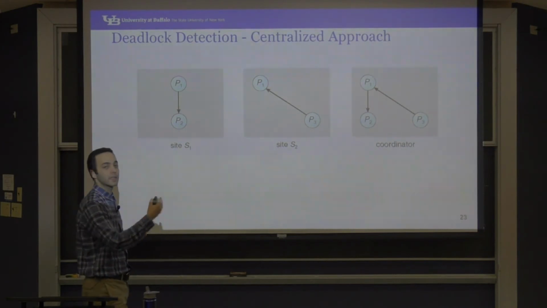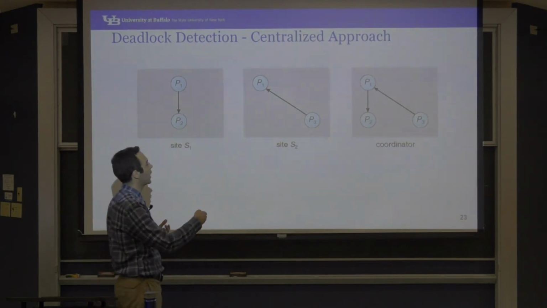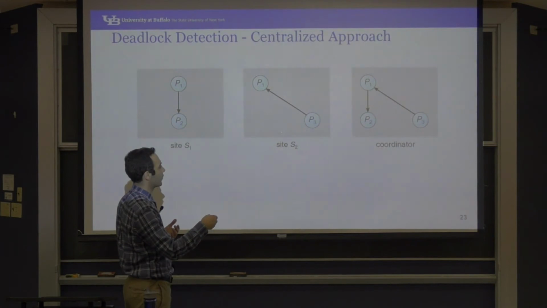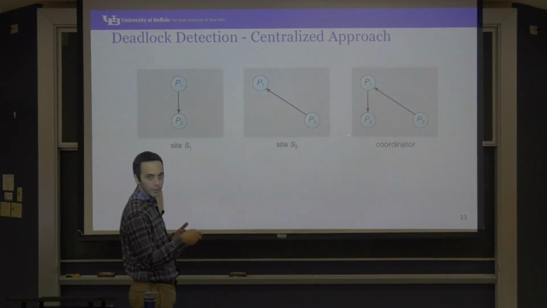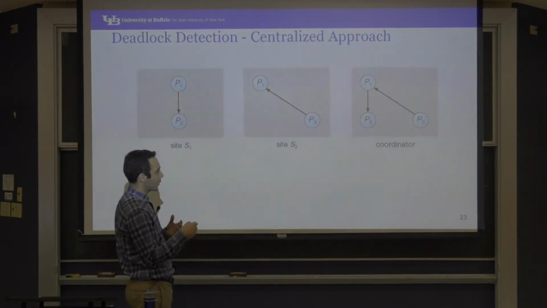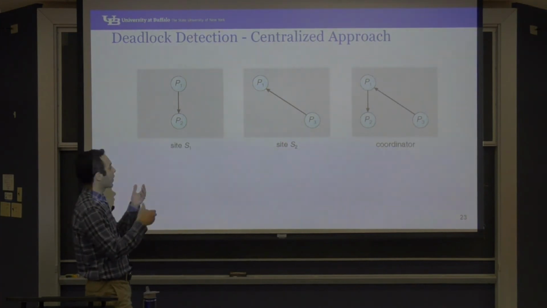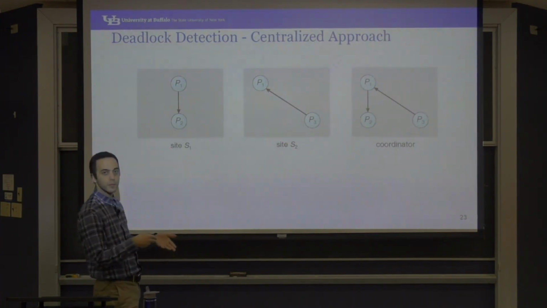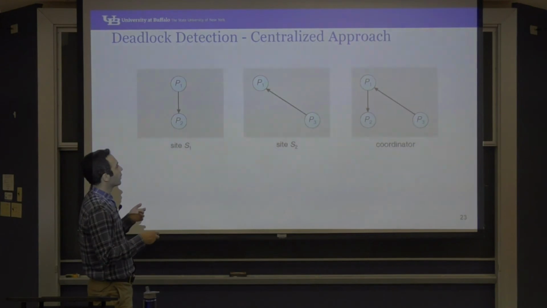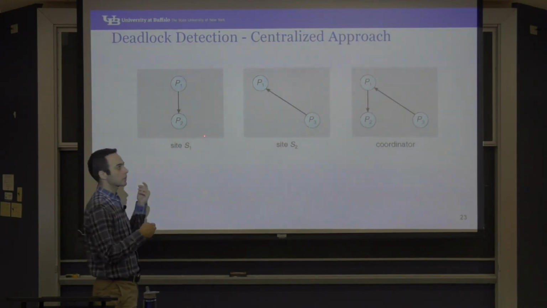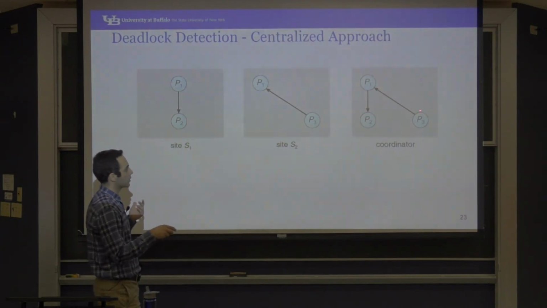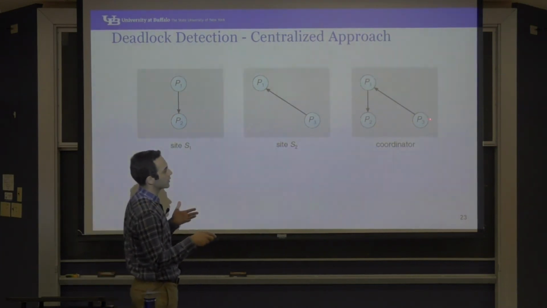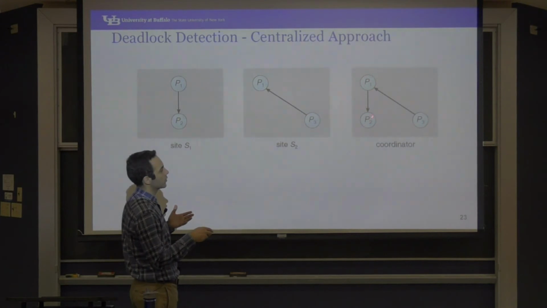Now, after releasing this, if P2 wants to send a request for a resource which is held by P3, that will add a new edge from P2 to P3. But because they have already released their resource, we won't have the cycle. So right now the coordinator can tell that P3 is waiting for P1, P1 is waiting for P2.